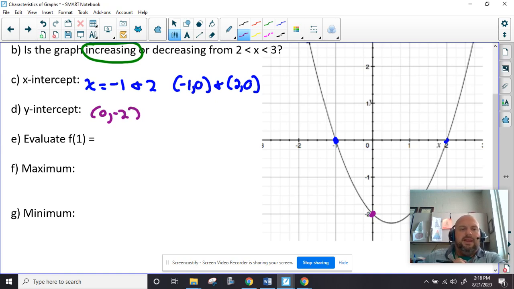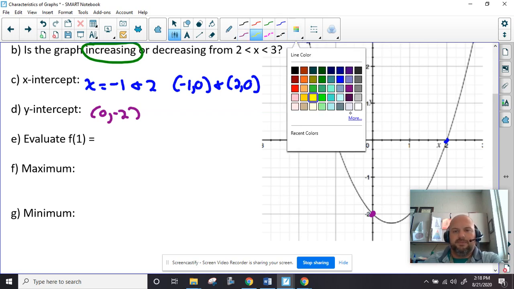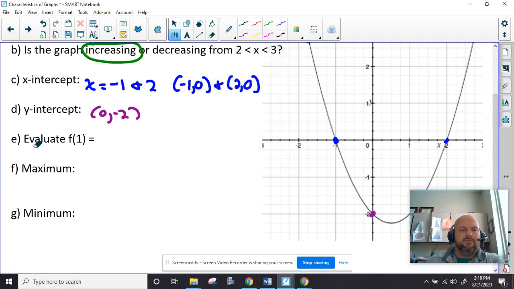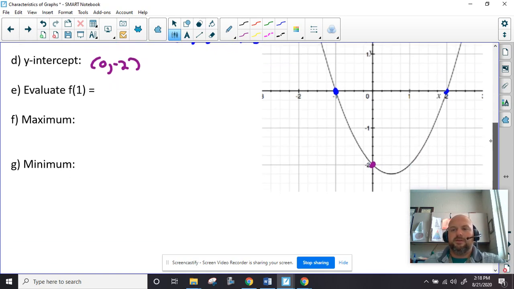All right. Now, this part right here, I want to change this to something else. Well, yeah, let's do this hot pink. All right, evaluate f of 1. This is actually like function notation we had the other day, but it's the graphical version. Basically, what we do, we go over to the graph where x equals 1.